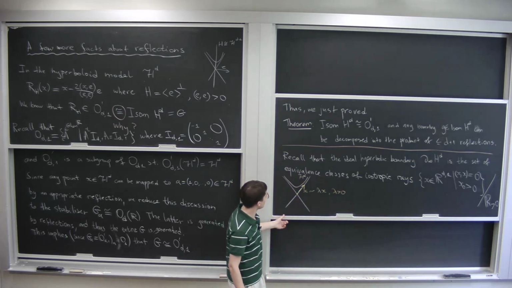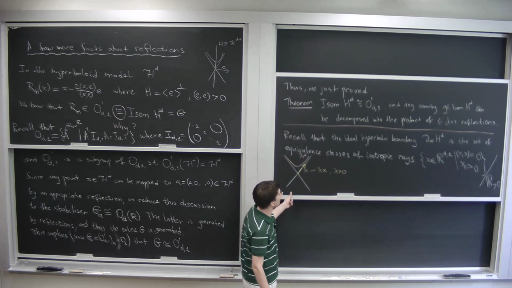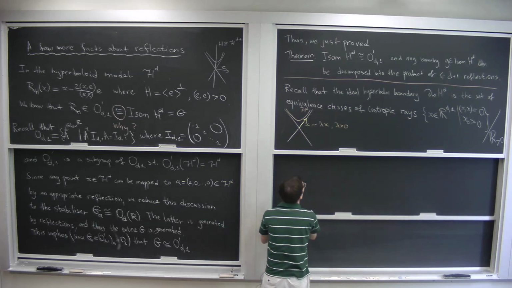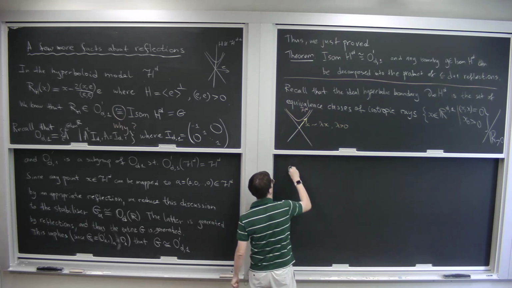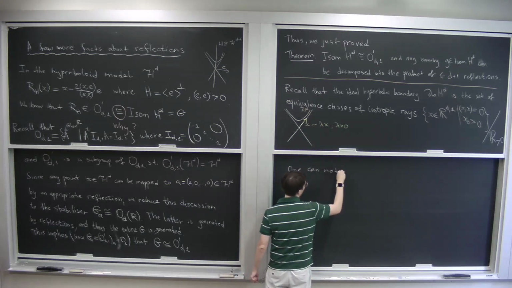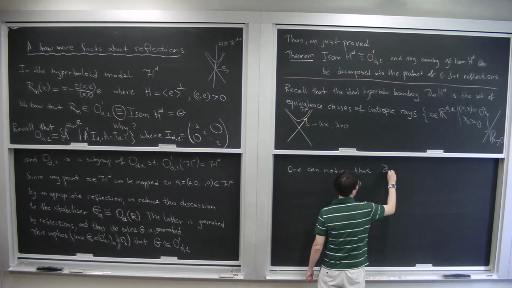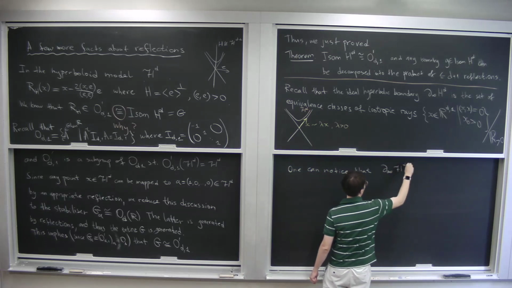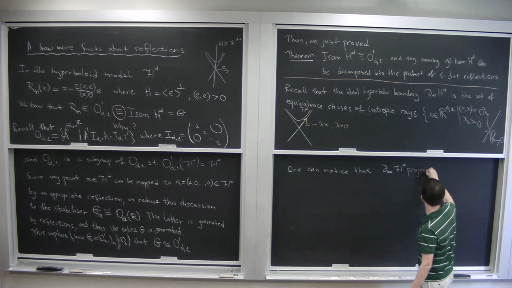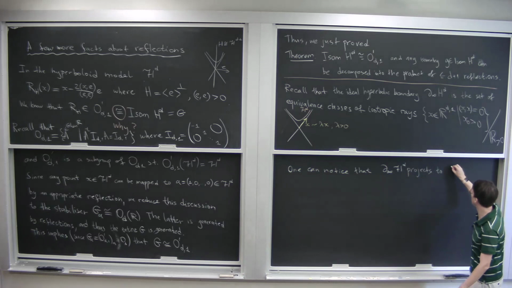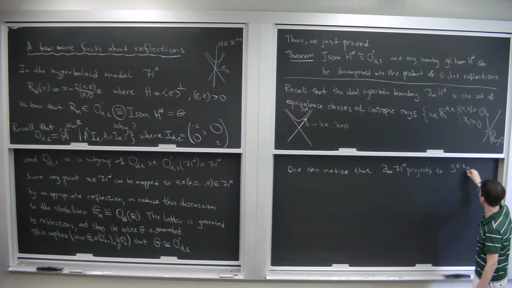If lambda is negative, my vector will look in the opposite direction. Okay, and now one can notice that the boundary of HD projects just to the D minus one dimensional sphere, which is the boundary of the Klein model.